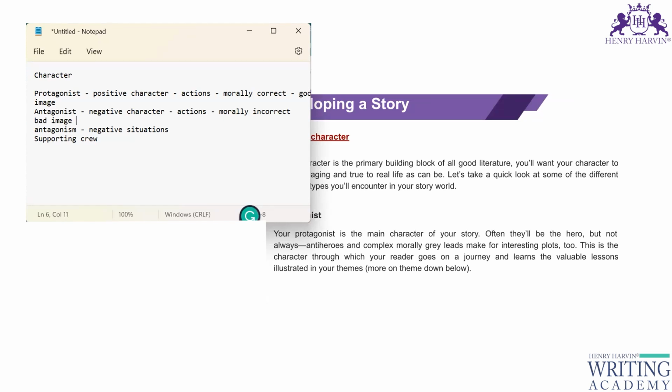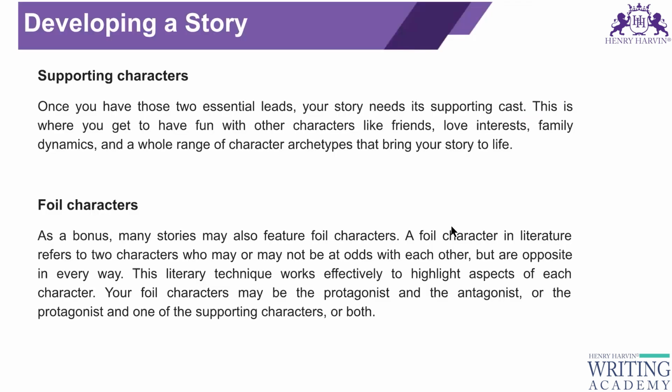Maybe they are very rich, maybe people think about them in a great way, but their actions and their thinking are bad. Because of their negative personality, they have become the antagonist in that story. Clear for everyone now?